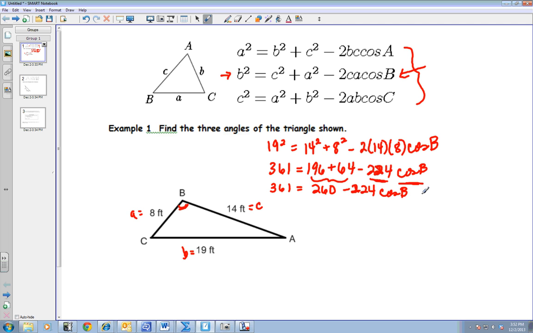If I'm solving for cosine B, I need to subtract 260 from both sides. Now I have 101 equals negative 224 times the cosine of angle B. Divide by negative 224. And I have 101 divided by negative 224. And that's what cosine B equals.